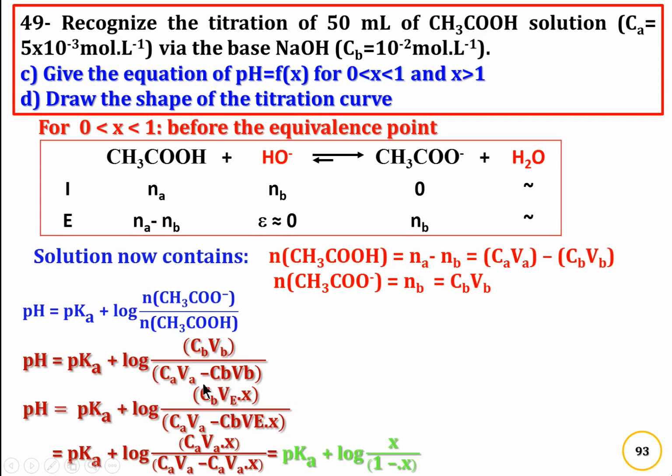And we know at equivalence that CaVa equals CbVe. So we replace CbVe by CaVa and the relation becomes pH equal pKa plus log CaVa x divided by CaVa minus CaVa x. We simplify by CaVa and the final relation obtained is pH equal pKa plus log x divided by 1 minus x.